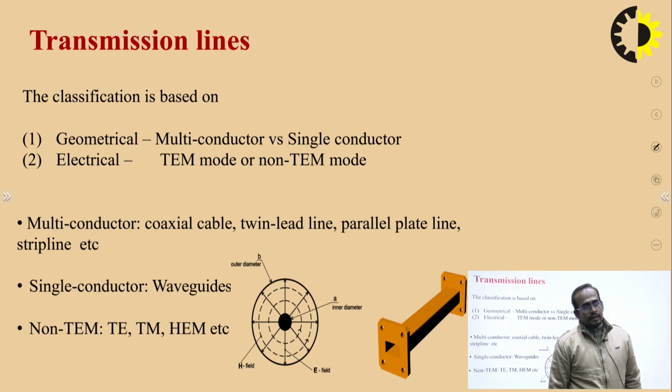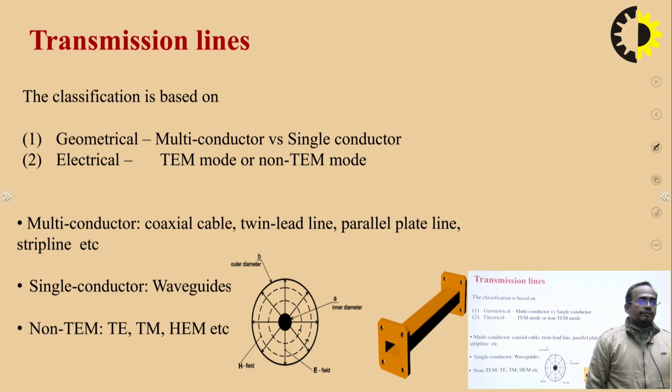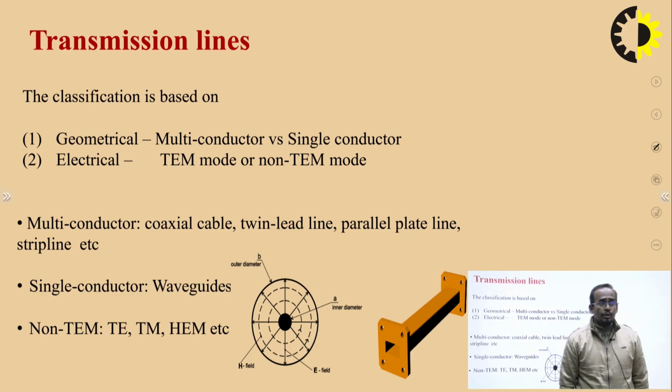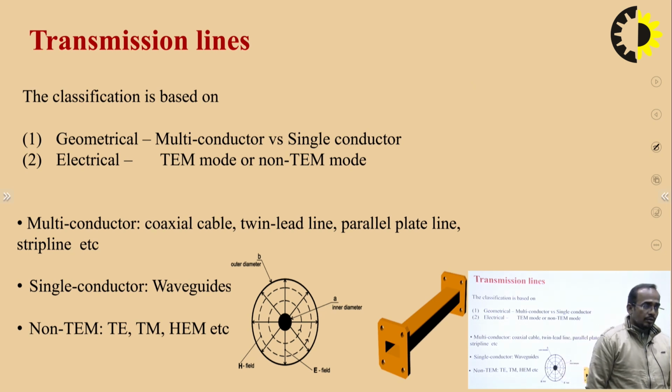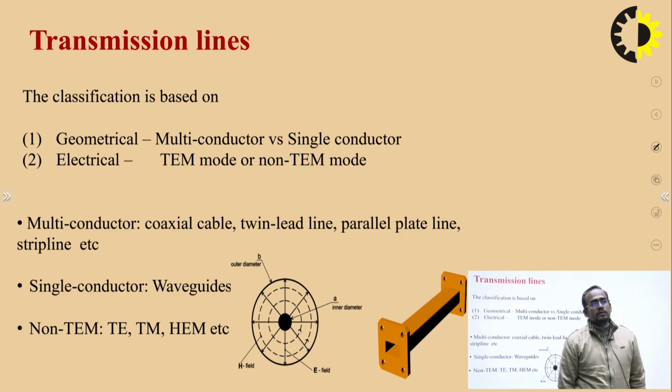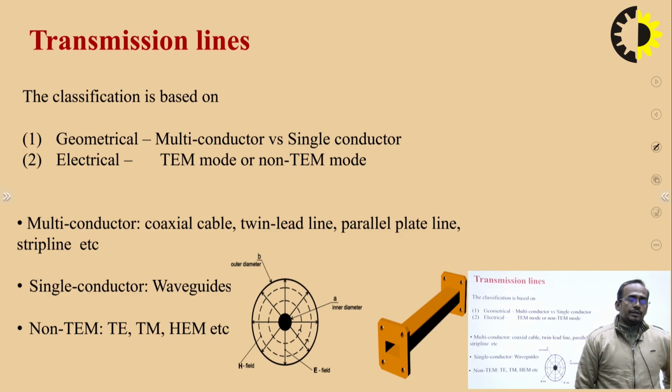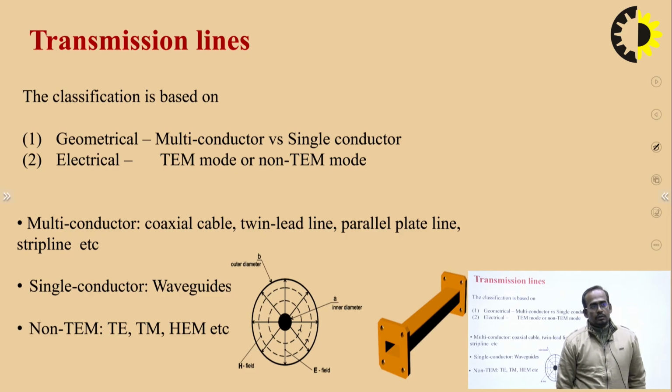We can classify the transmission line on the basis of geometrical and electrical properties. In geometrical properties, we can differentiate the transmission line on the basis of multi-conductor and single conductor, and on the basis of electrical properties we can differentiate on the basis of modes.